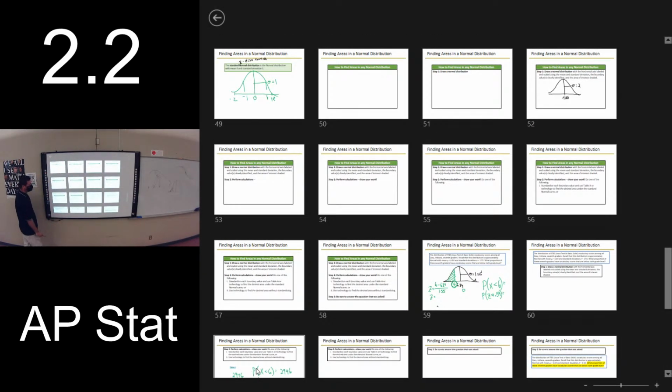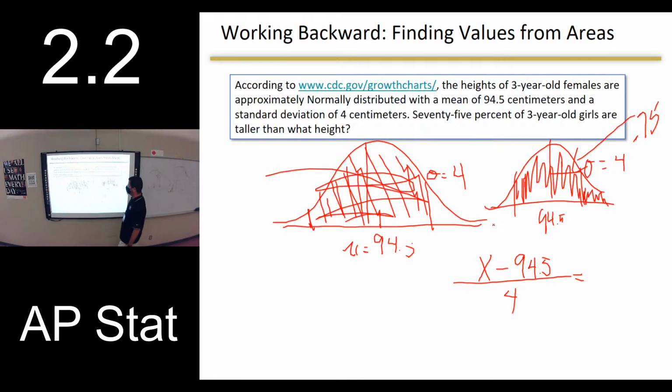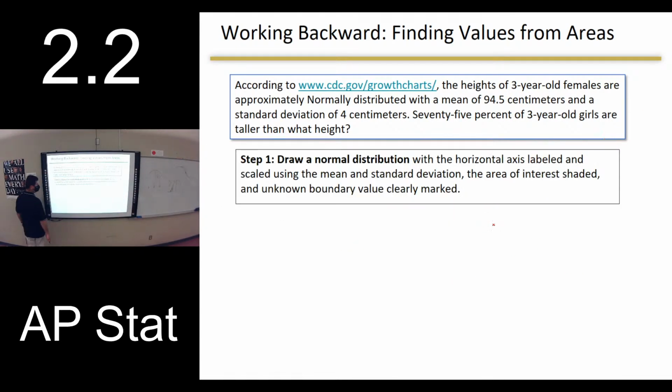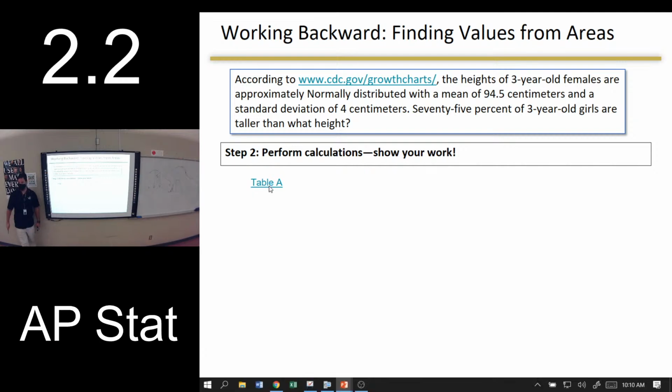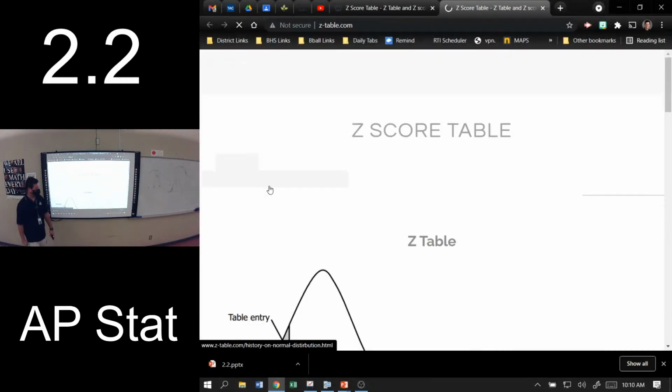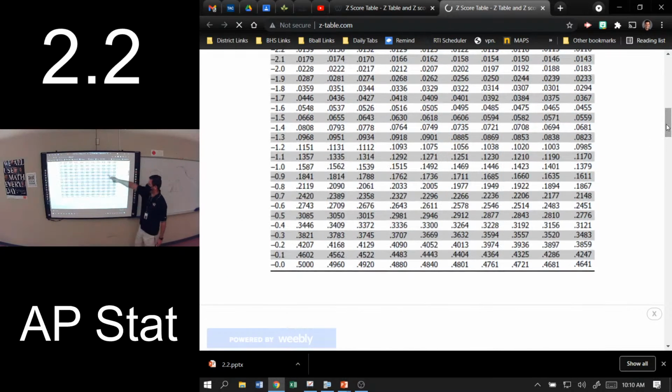Working backwards. If you're using Table A, this is brutal. You've got to find 75% in here.